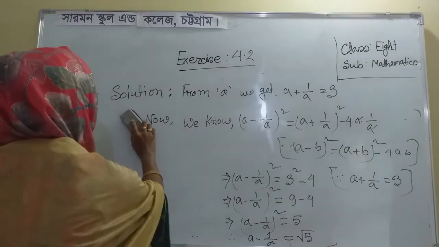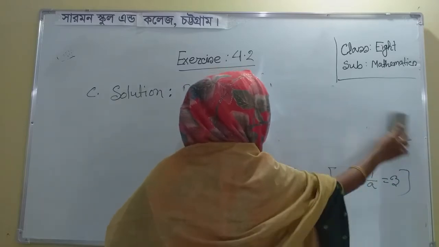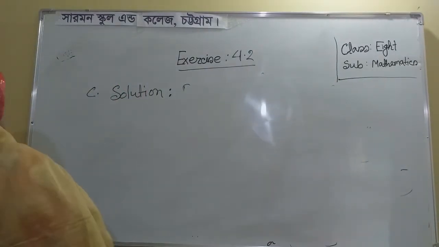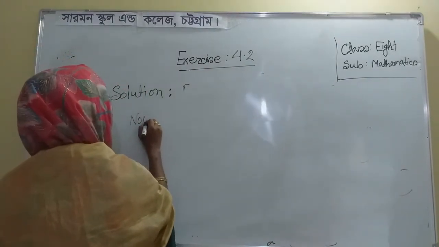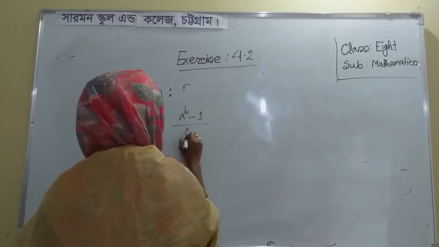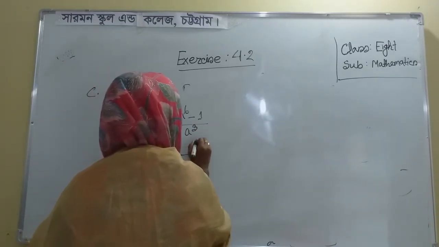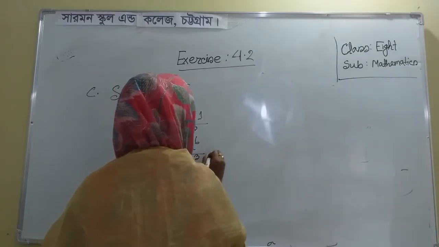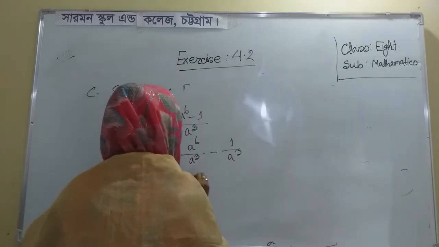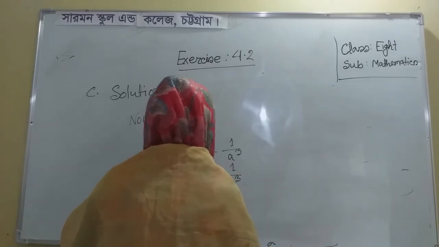Now a to the power 6 minus 1 by a cube equal a to the power 6 divided by a cube minus 1 by a cube. That means a cube minus 1 by a cube.